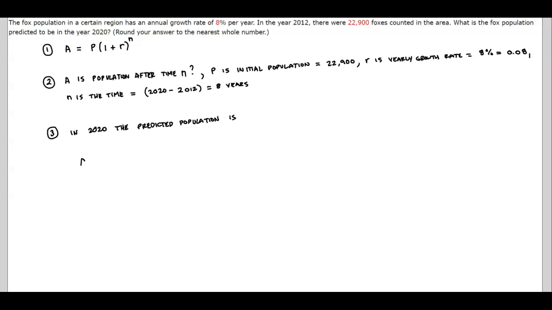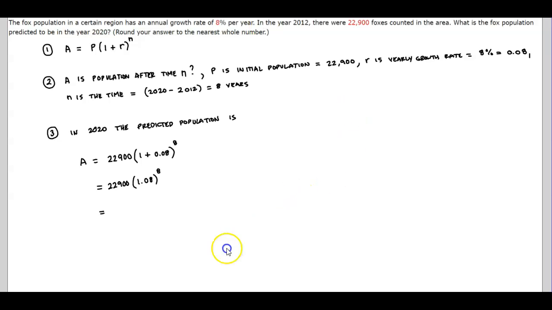We have A, which is equal to P, which is 22,900, times 1 plus the value of R, which is 0.08, raised to the power of N, which is 8. So therefore, this is going to equal 22,900 times 1.08 to the 8th power.